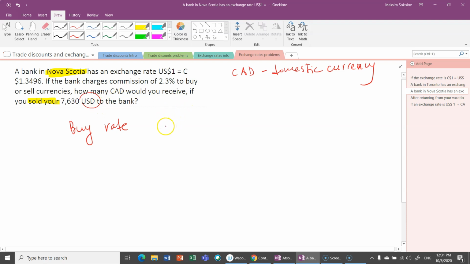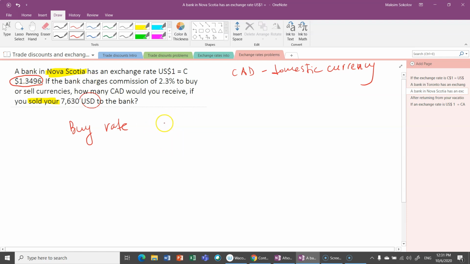So how do we find the buy rate? We remember that mnemonic, salad. Salad means if we sell currency, we add commission if we are the bank. But if the bank buys currency, the bank would be subtracting commission from the domestic side. So what is the domestic side? Right here, that's the side which contains the domestic currency.